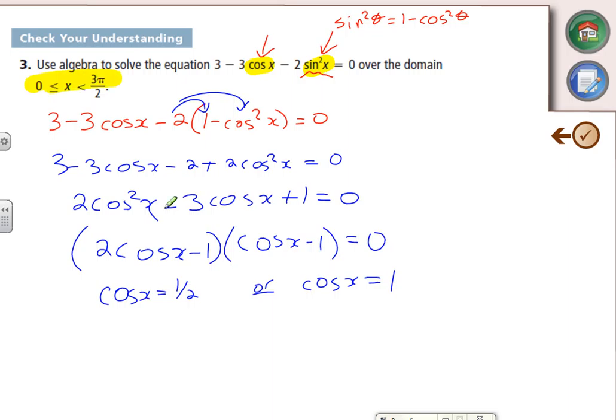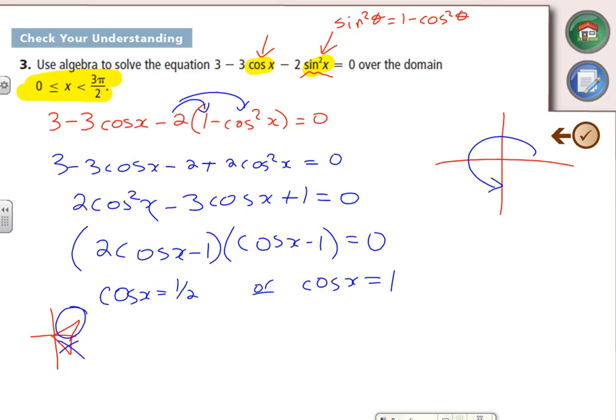Let's look at what our domain is. We need to be in radians now, and we're going from 0 to 3 pi over 2. That's as far as we get to go. First one. Cos is positive here and here, but we got the no-go on quadrant 4. So we've only got a quadrant 1 answer. That one turns out to be pi over 3.